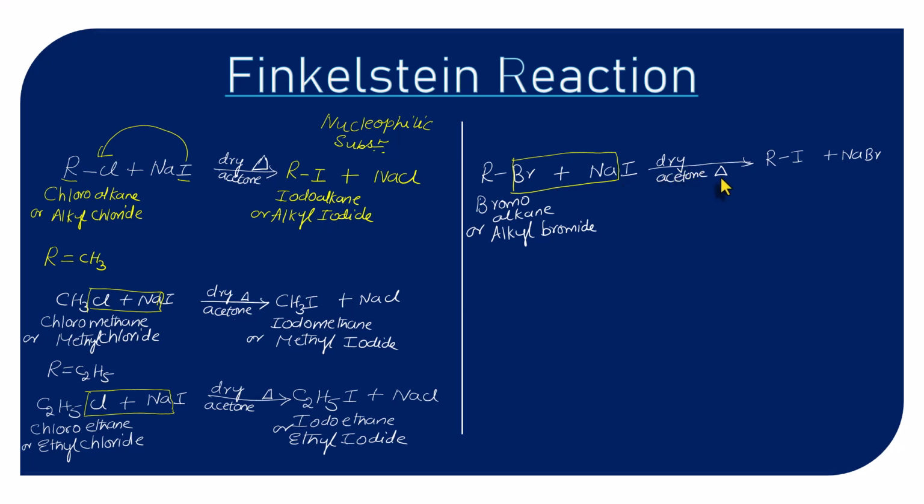Treatment here is the process of heating, and the product obtained is iodoalkane. Iodoalkane, that's the general II PUC name. Alkyl iodide is the trivial general name for this product.